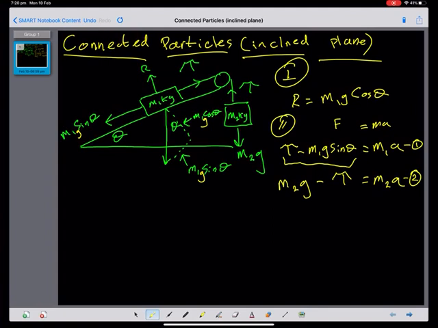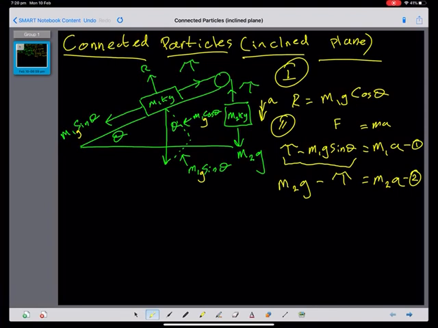It's a fair question to ask why tension is positive in equation 1 and negative in equation 2. Well, the acceleration is in this direction, so we're assuming that m2 g is greater than the tension.